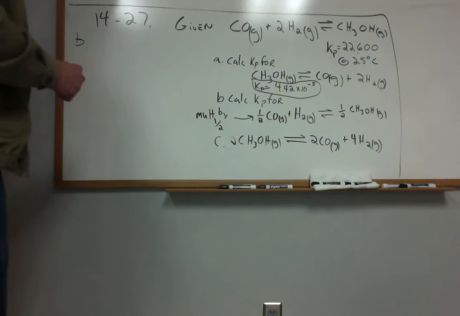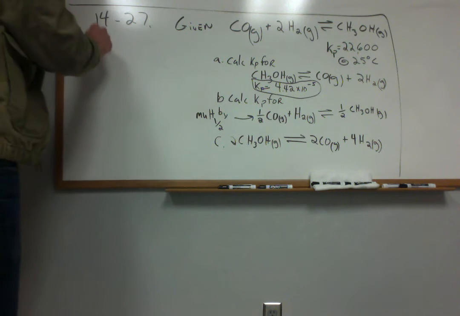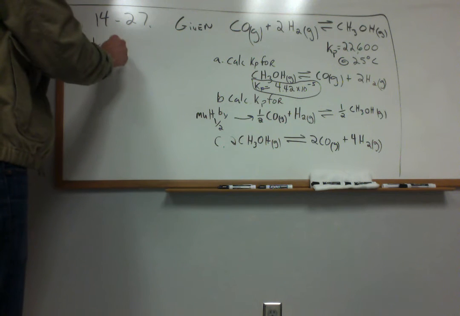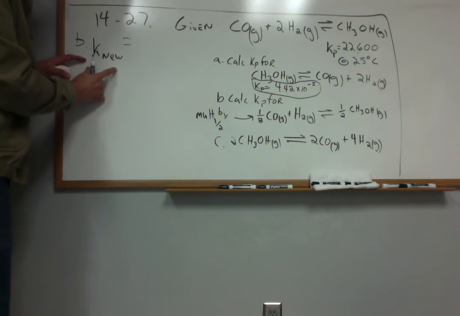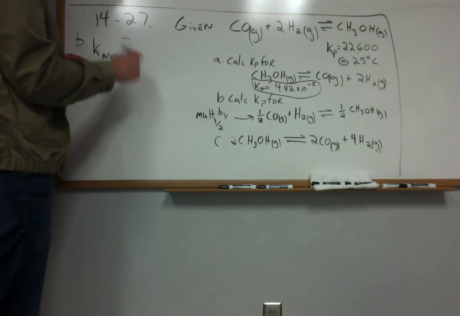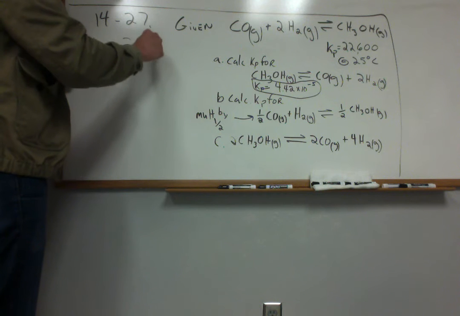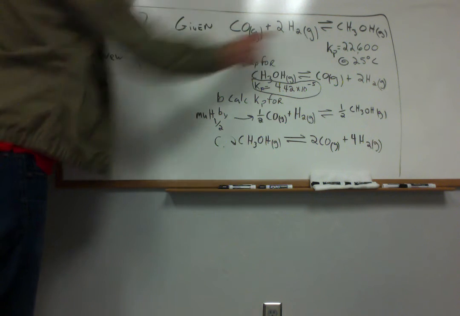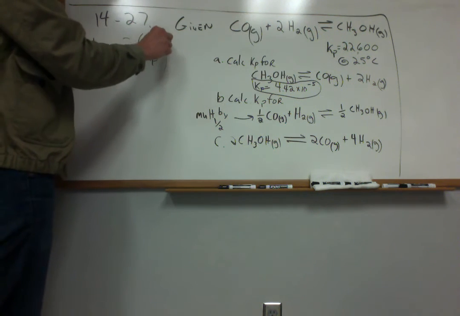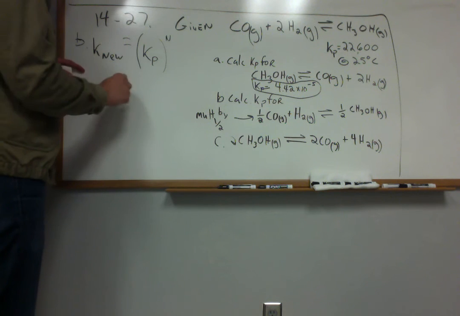Okay. Now, why is that significant, this multiplication by a half? Well, my rule that we learned about in class tells me that the new equilibrium constant that can be generated when you're multiplying a reaction by a number equals the original K value, this is the one we're given, raised to that number n, where n is the number you multiply.